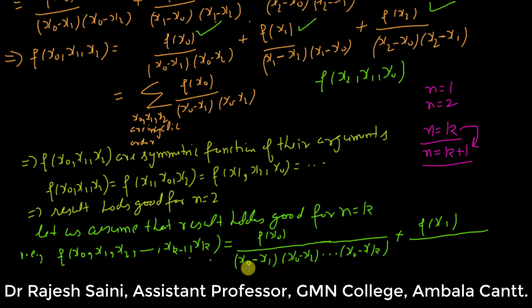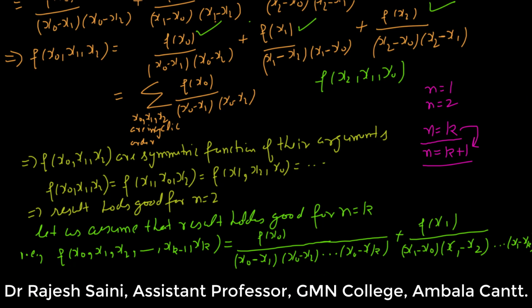you will get, starting from here, you can also write x1 minus x naught, it will be x1 minus x naught, x1 minus x1 will not be taken, so x1 minus x2, up to x1 minus xk. Fine.